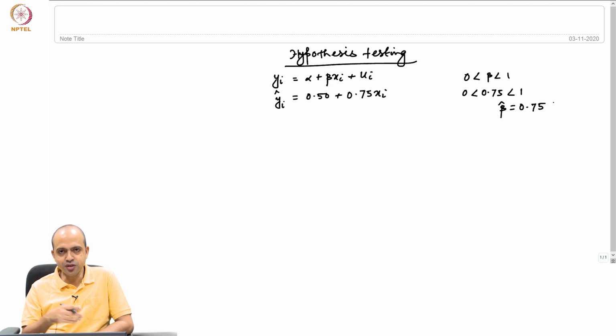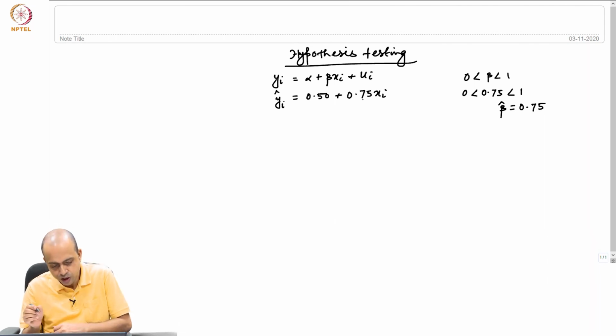That means it is not by a chance factor. How will you ensure the statistical significance? So far, this 0.75 is only mathematical significance. Mathematically, 0.75 is obviously different from 0, but how to check the statistical significance is the context where hypothesis testing is required.